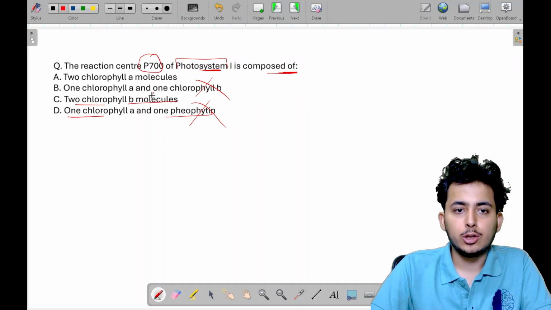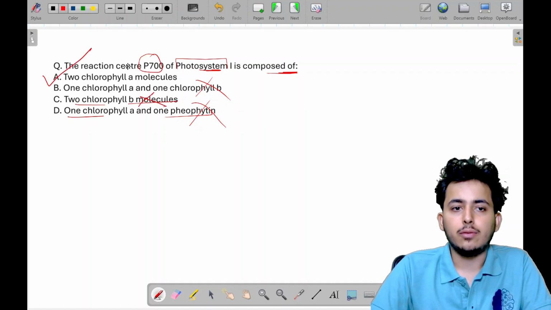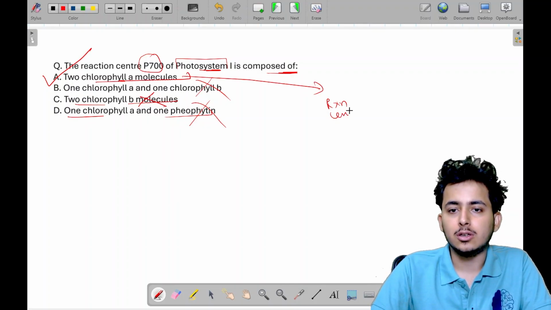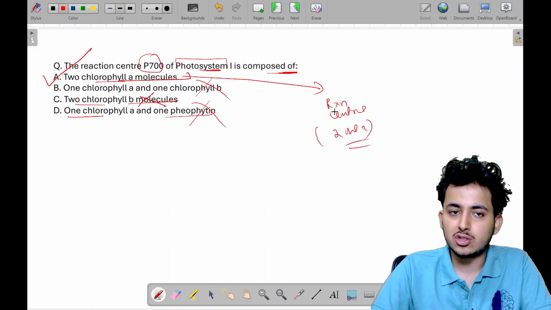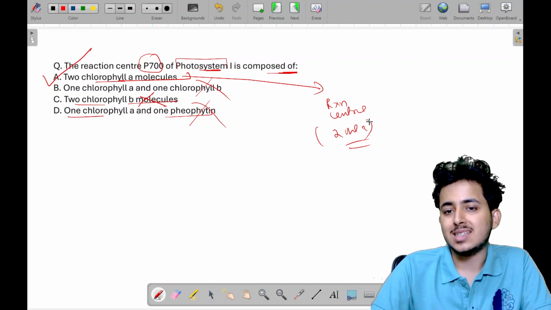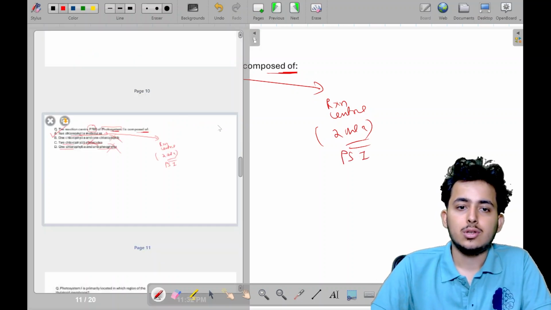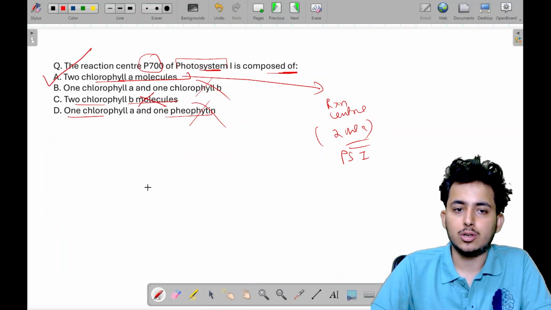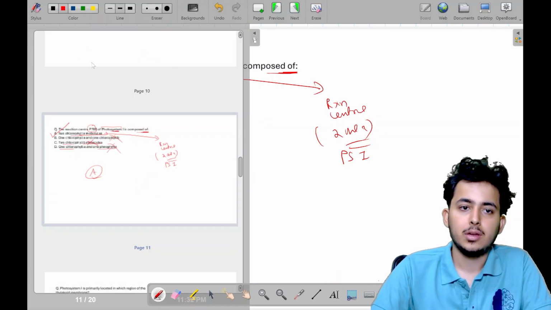Two chlorophyll b molecules, wrong. It consists of two chlorophyll a molecules which are present in the reaction center of PS1, that is P700. This is important. So the correct answer is A.